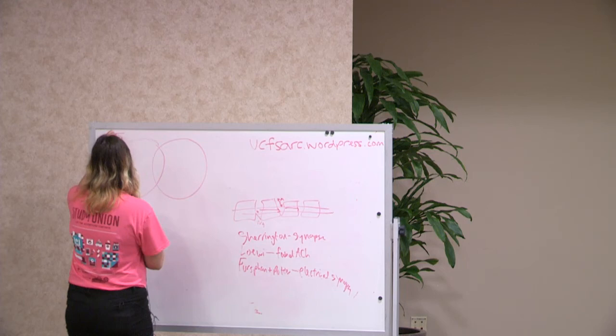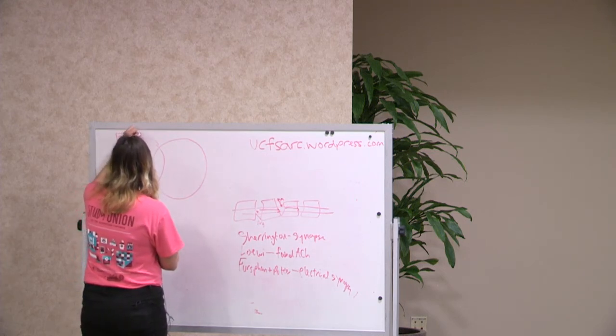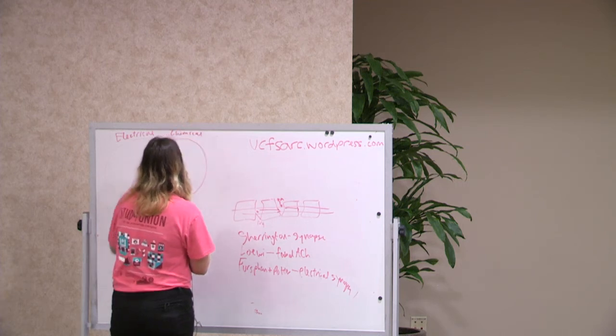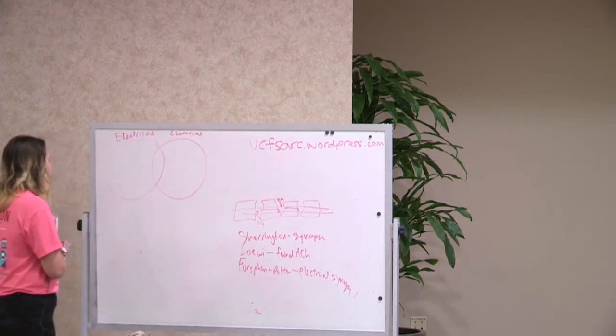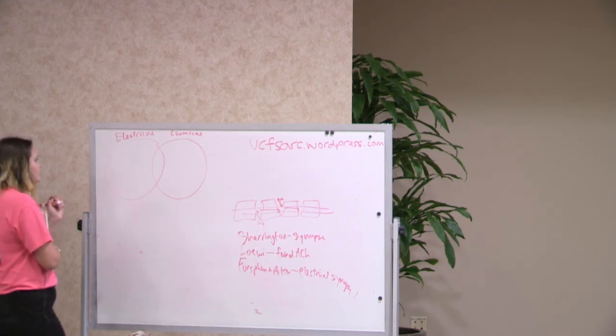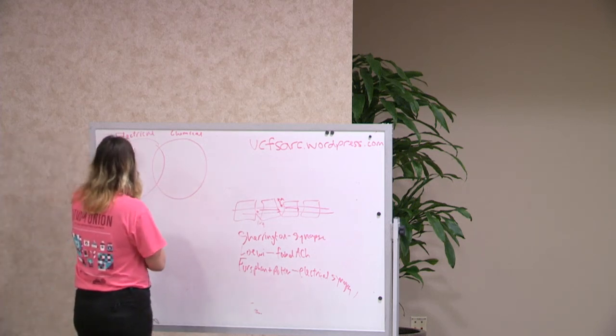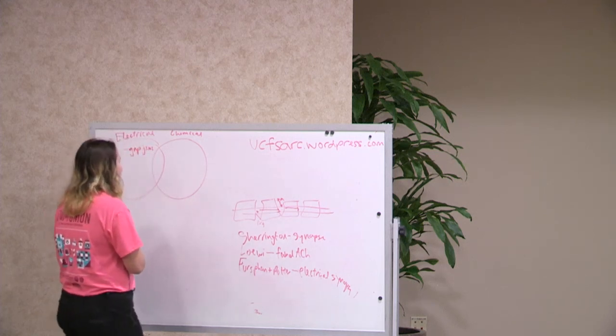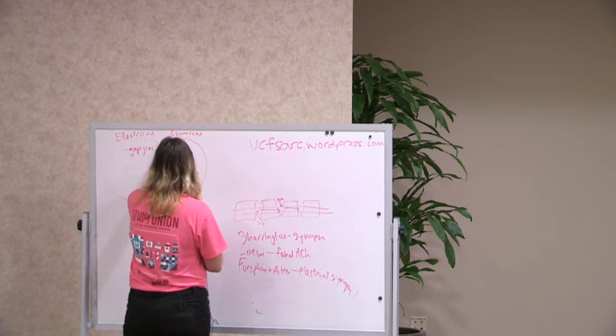So electrical synapse versus chemical synapse. We already talked about the chemical synapse with the neuromuscular junction and everything. Electrical synapses use gap junctions, whereas chemical synapses use the synaptic cleft.